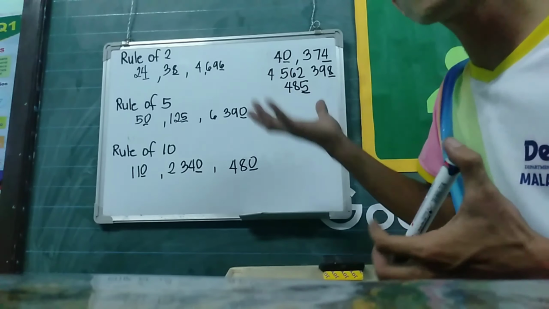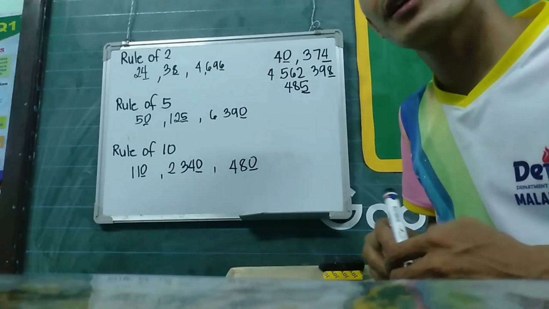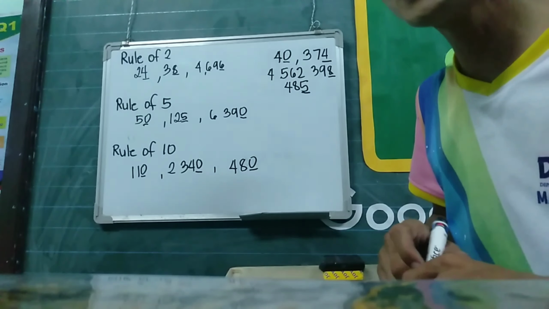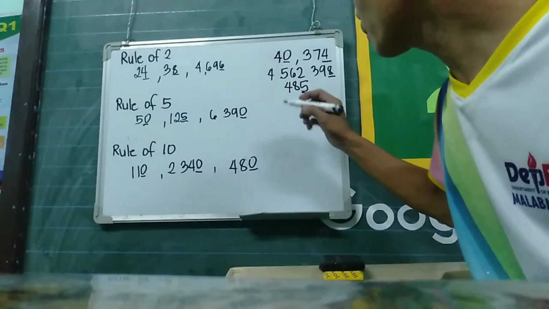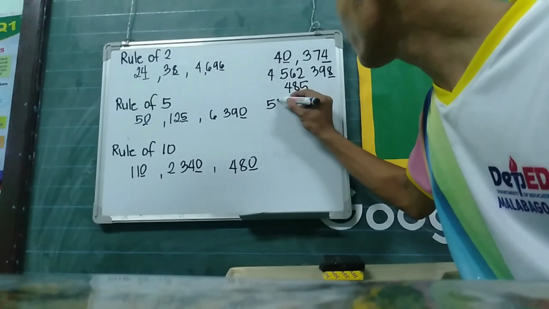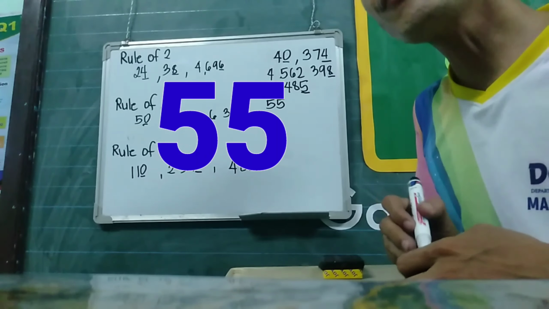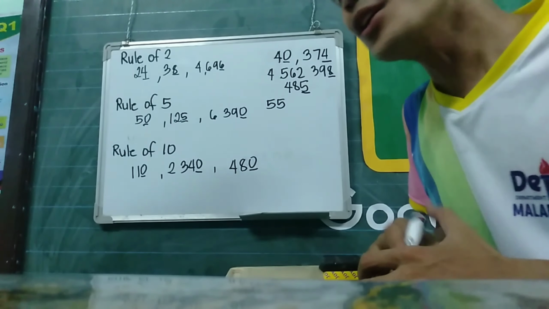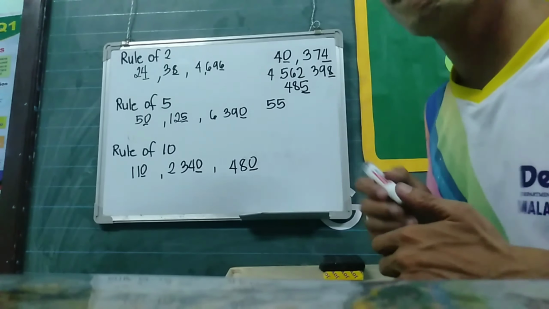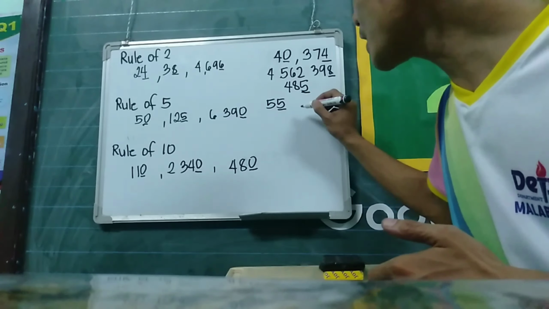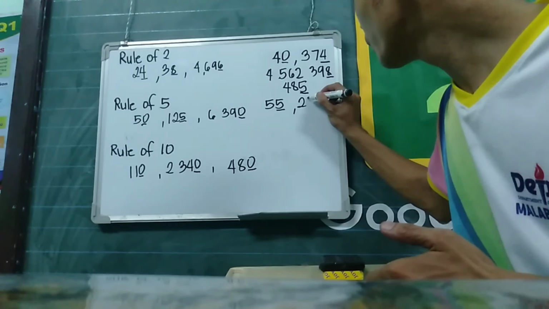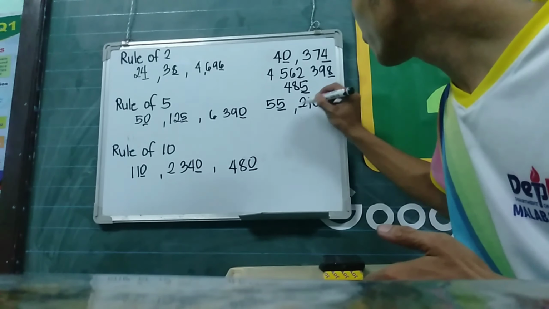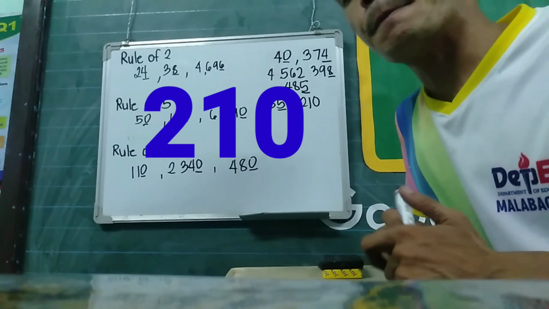Very good. Now let's proceed to the rule of 5. Just tell me if this number is divisible by 5 or not. 55. Yes, divisible by 5 because the last digit is 5. 210.